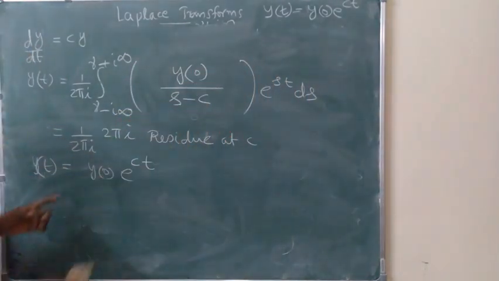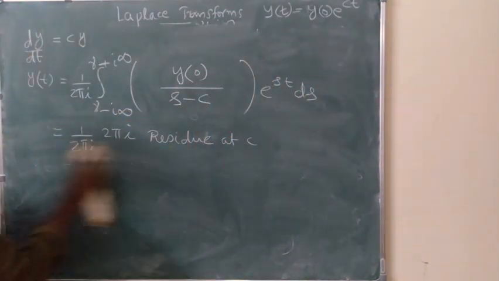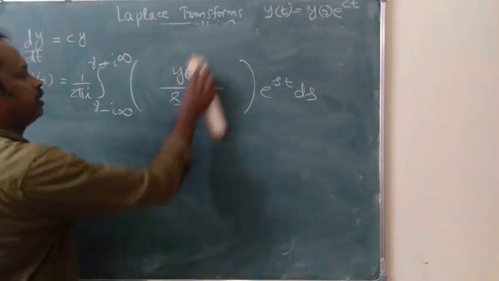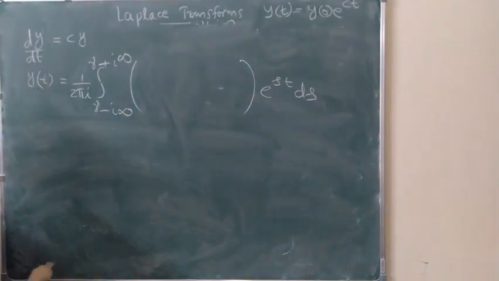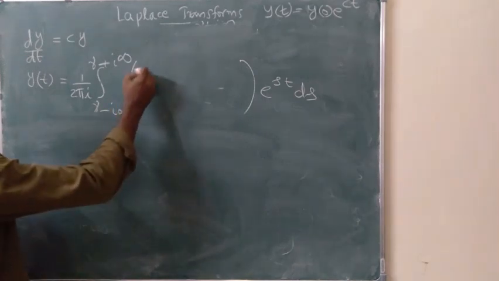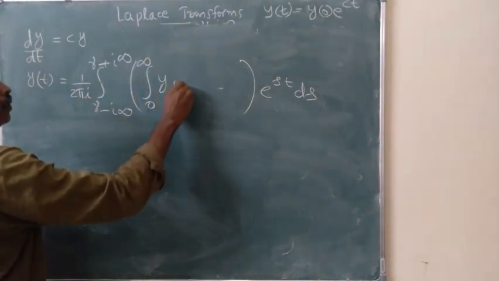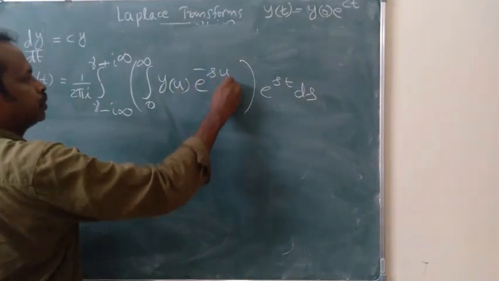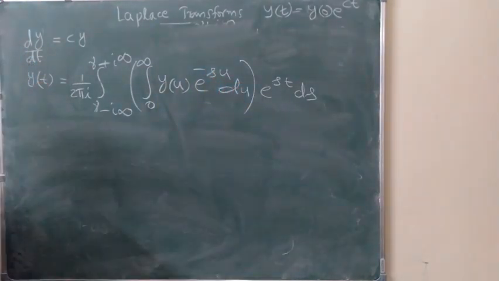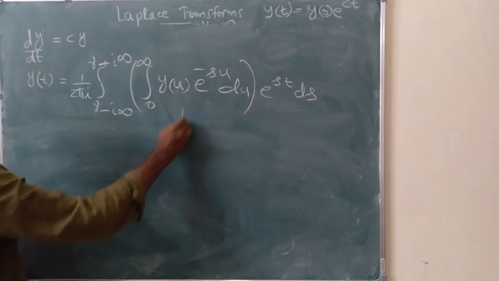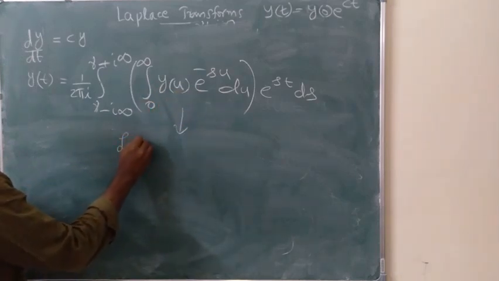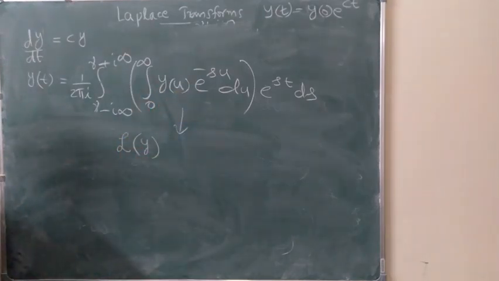So we started from here and we obtained the solution that we obtained earlier using the power series expansion, yt equal to y of 0 e to the power ct. Hence what we have seen is that we have got a representation of yt as integral 0 to infinity y of u e to the power minus su du. Now this integral that appears here is called the Laplace transform of the function y.